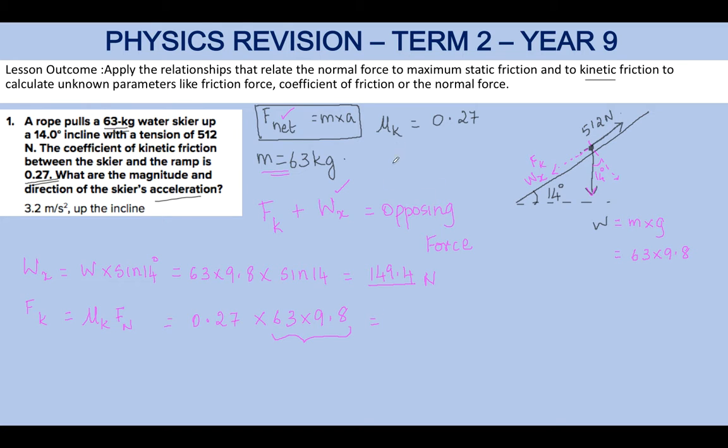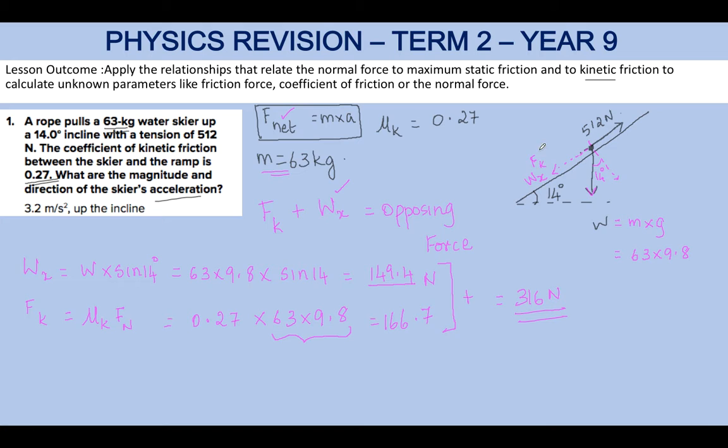You get 166.7. These two together give me the opposing force: when you add them up, you get approximately 316 Newton.